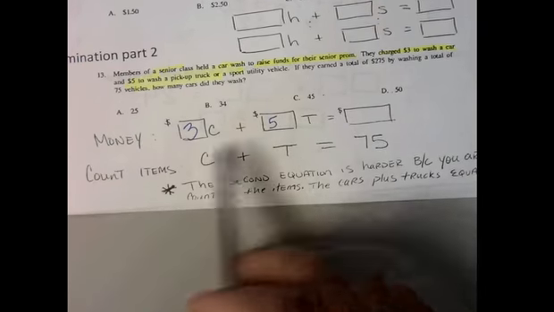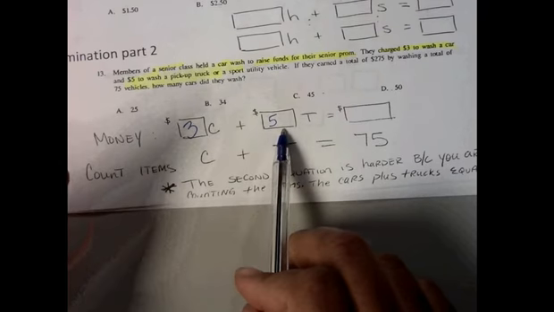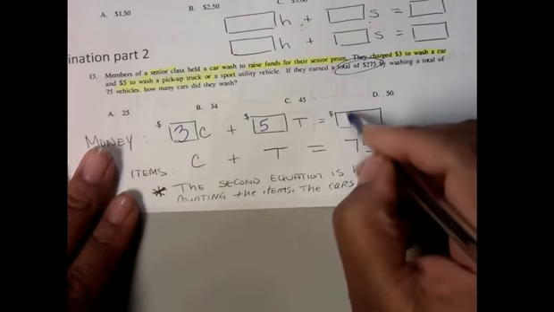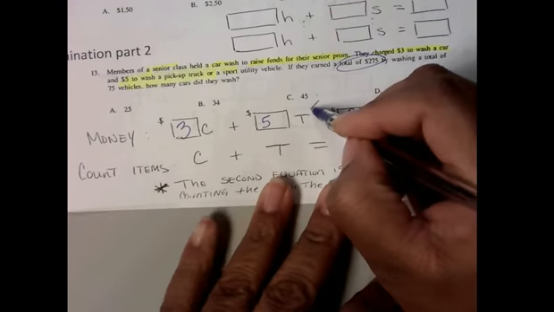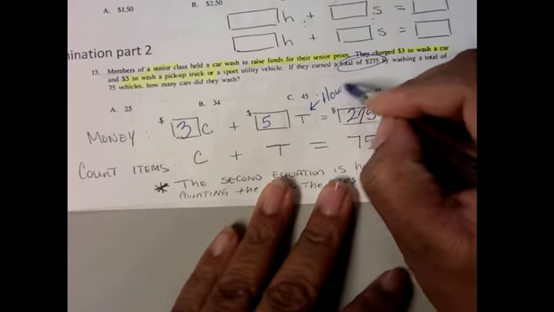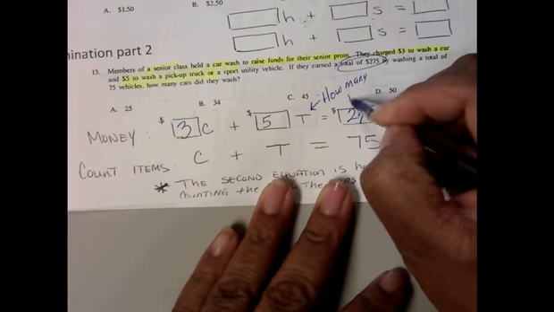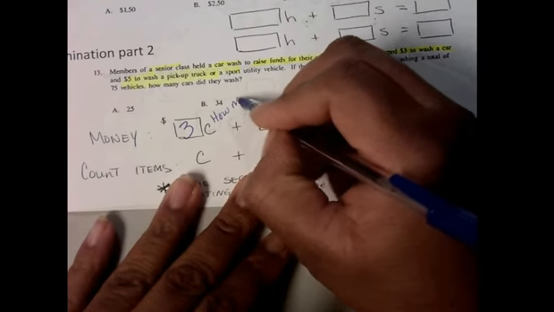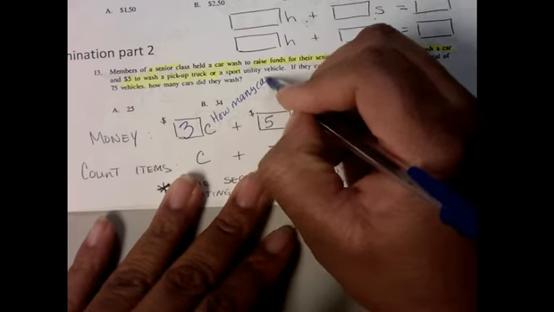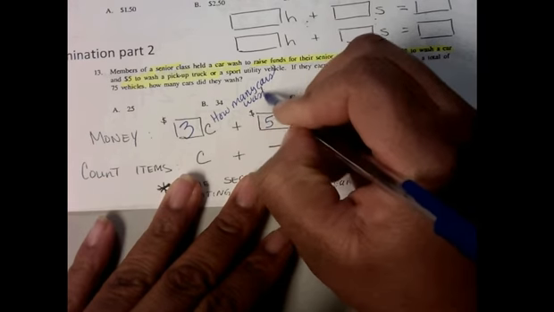Now, if we charge that much, how much will we earn? $275. So, what does this mean? I do not know how many trucks are washed. I don't know how many cars are washed.